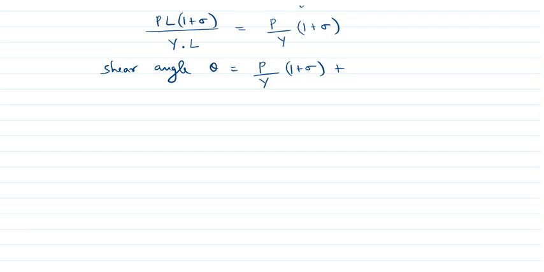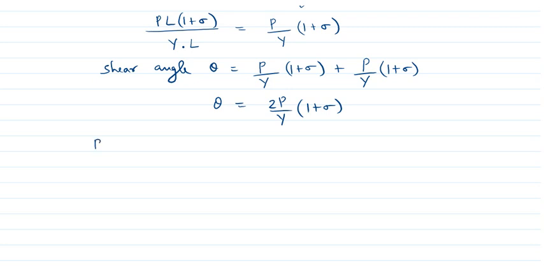So P divided by Y, 1 plus sigma, and P divided by Y, 1 plus sigma. We add these two and get 2P divided by Y, 1 plus sigma, that is theta.